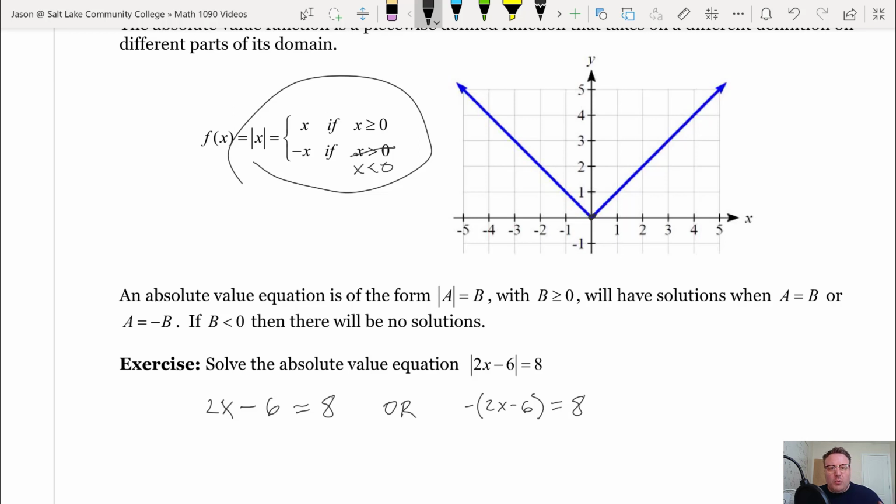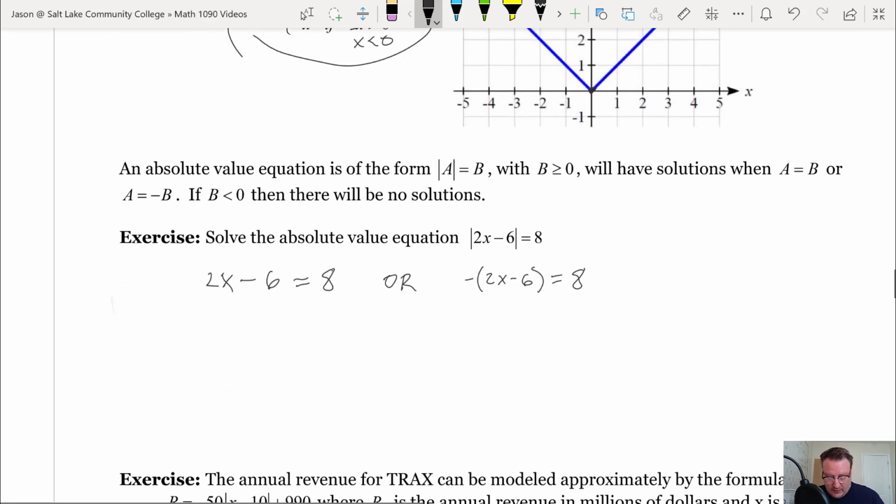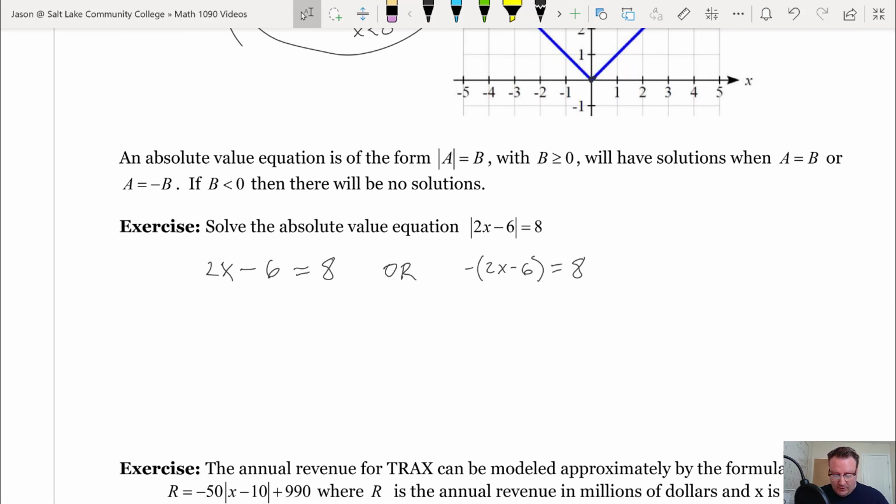Okay, so the point is that instead of just getting one solution now to our equation, we're going to get two solutions because either of these two possibilities could be true. So now we just simplify both of these expressions.